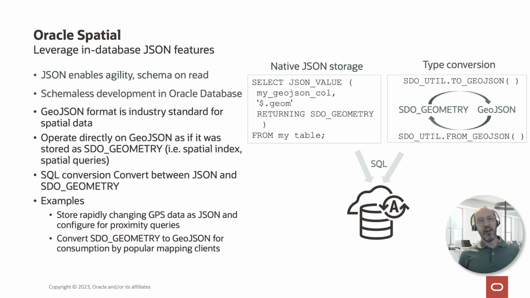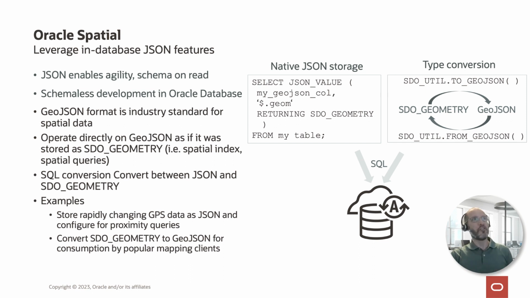There is a JSON format for spatial data that is a standard, GeoJSON, and it's an industry-wide recognized format for exchanging spatial data in JSON format. So the fact that we have all this native JSON handling capability in the database that spatial can work together with really puts us in a great position to provide a real seamless experience with developers that want to work with JSON and take advantage of all these spatial capabilities I've been describing.